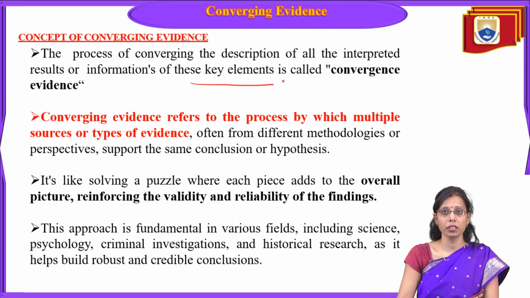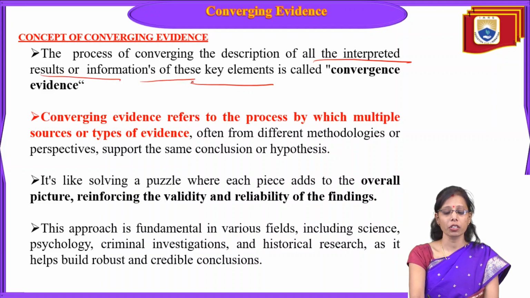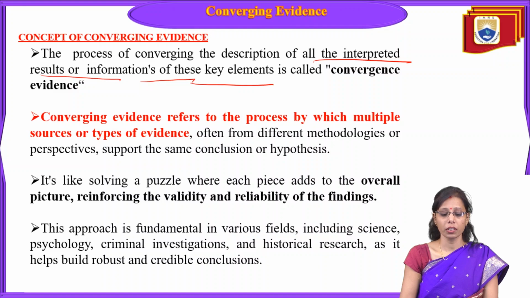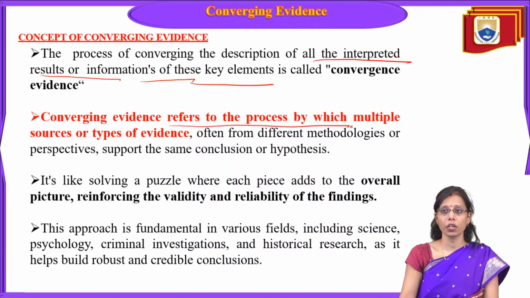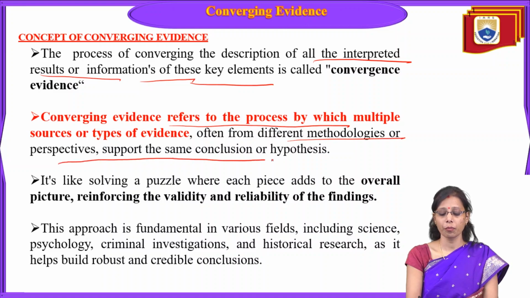What is convergence of evidence? It is the description of the interpreted results or information of these key elements. Converging evidence refers to the process by which multiple sources or types of evidence, often from different methodologies or perspectives, support the same conclusion or hypothesis.